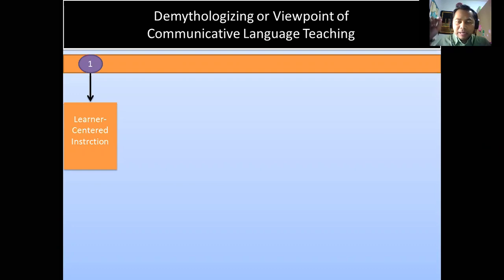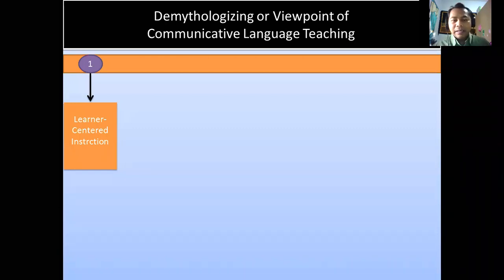So communicative language teaching with the 6 characteristics, starting from the classroom goals, the techniques used in the classrooms, the role of teachers, the use of productive and receptive skills, and autonomous learners, should be implemented in the classroom by having learner-centered instruction.